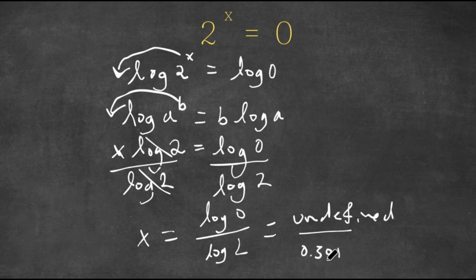Log 0 is undefined, meaning x is also undefined, because you can't divide an undefined number by 0.301. So this means that the value of x is undefined.